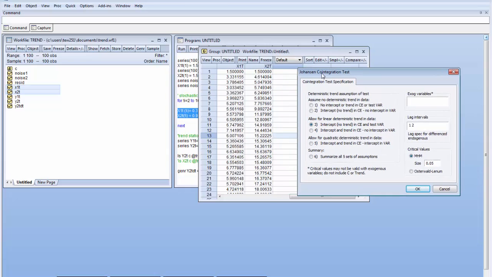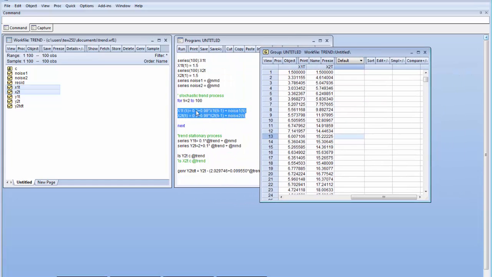At this stage, we have to make sure that we have the correct test specification. This would be more correct, I would say more reasonable, because we have a non-zero starting point. Basically, we have a different sort of drift term. In other words, they are drifting up or down.